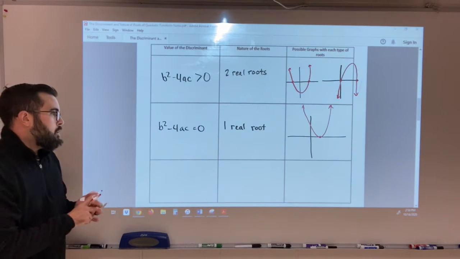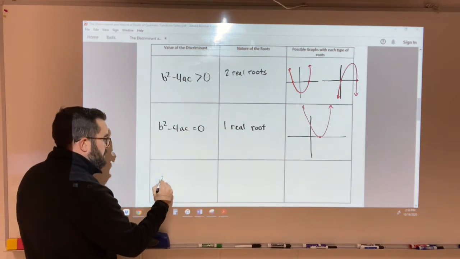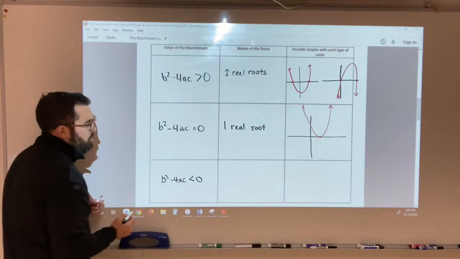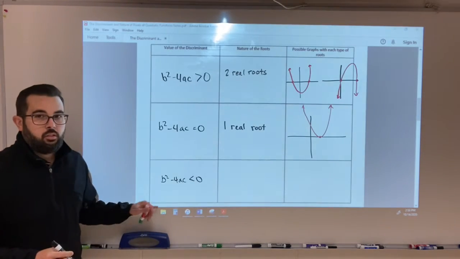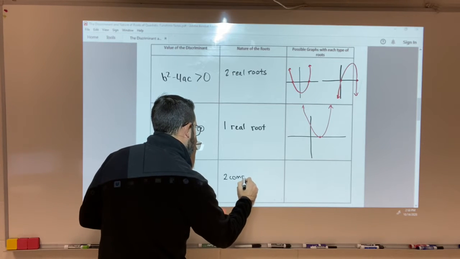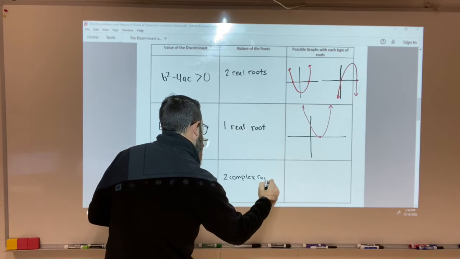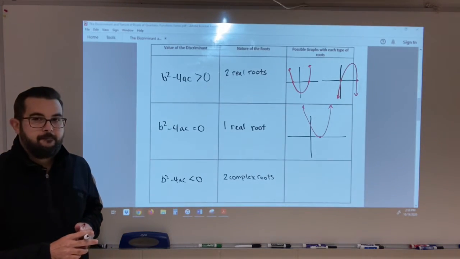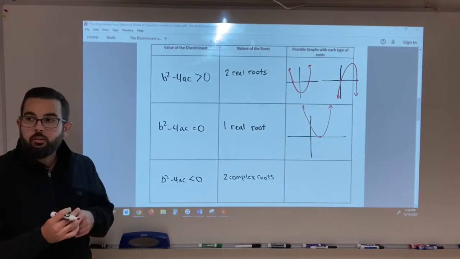All right. The last case is if b squared minus 4ac, the discriminant, is less than 0. So if it's less than 0, we're going to have two complex roots. Okay, so what does that mean on a graph?